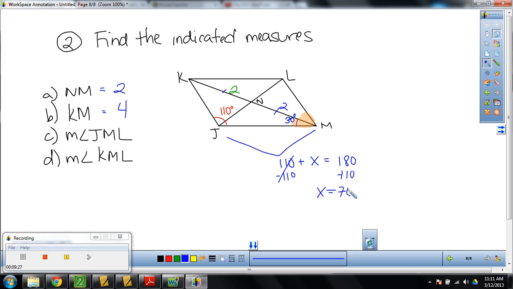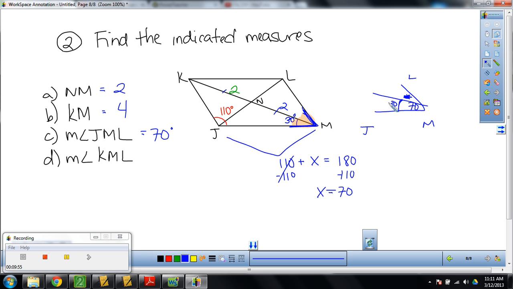So this angle has to be 70 degrees. So that's our entire angle, JML, is 70. But then the diagonal is cutting that angle in half, and we know that this piece is 30. And they want us to find KML, which is just this upper portion up here.